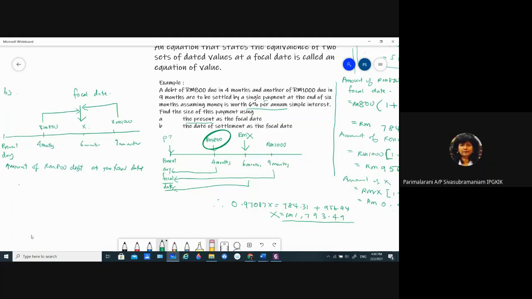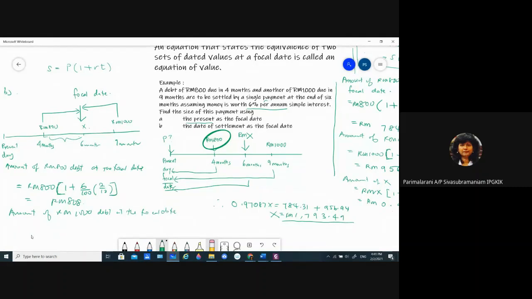S is equal to P into 1 plus RT. So this is 800 times 1 plus 6 over 100. What's our T now? How many months from here to here? 2 months. So it's 2 over 12. That will be 808 ringgit.